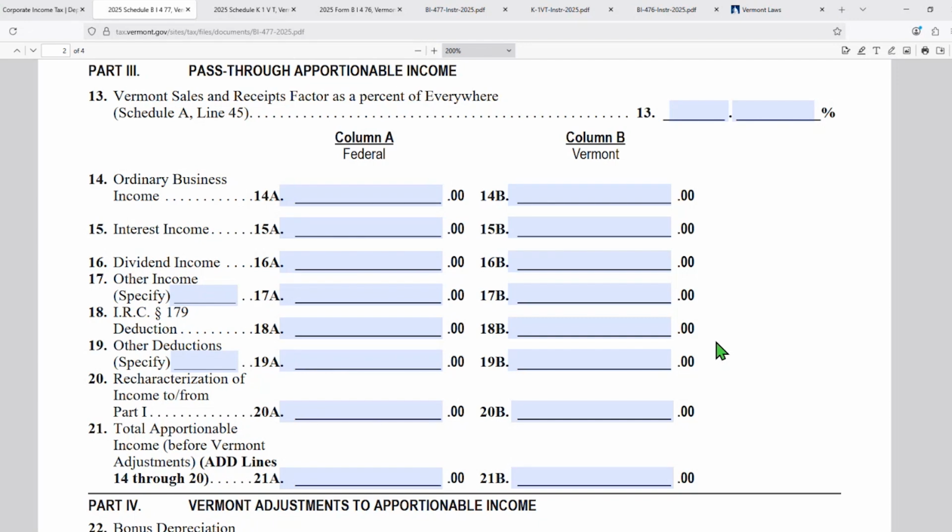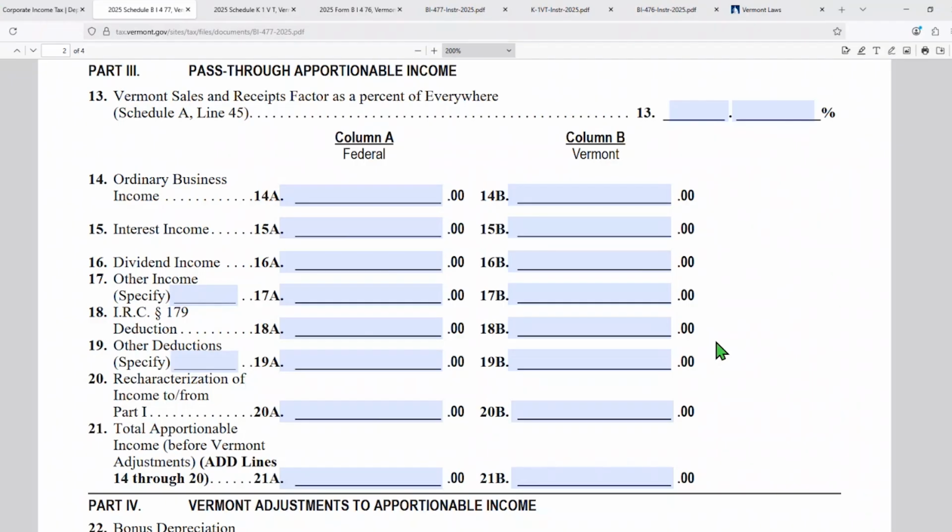You're going to have to look at what's being reported on the federal level and make sure that deduction is eligible in Vermont. For instance, if you have a lot of residents or a lot of individuals as partners, as owners, and it's a deduction that's below the line, that's not part of AGI, then that's not going to be a deduction that flows through to Vermont through Vermont's conformity.